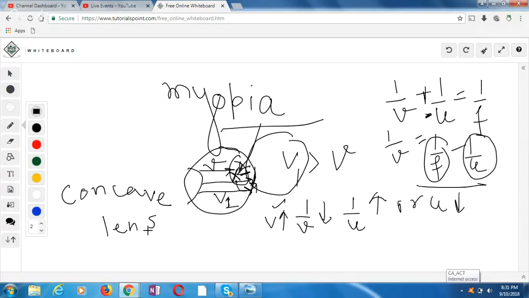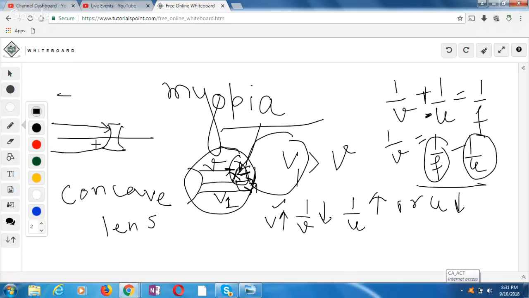What happens in case of a concave lens? Try to understand. Suppose I make a concave lens here, and suppose a light ray is coming from a far off object.